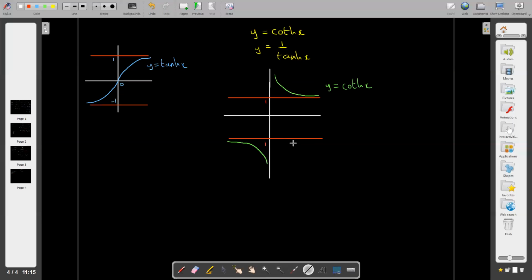Let's see if we can justify this with the exponentials. So if you weren't convinced by, as we get close to 1 this way, we're dividing by a number that's basically 1. Okay, so let's have a look.